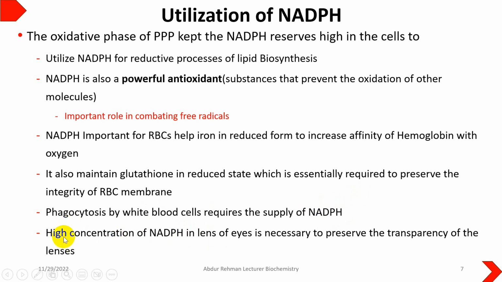Another important thing is that a high concentration of NADPH is very important for the lens in our eyes, and it helps to preserve the transparency of the lenses. If the NADPH level is low in our eyes, it may result in cataract formation or other damage to the lens. So thanks to NADPH, it keeps preserving the transparency of our lenses.